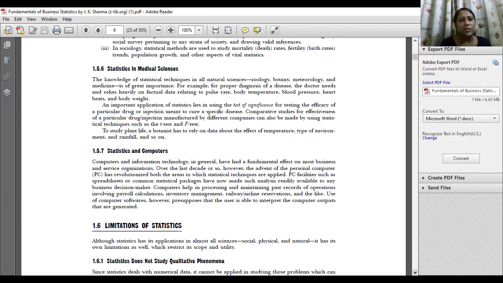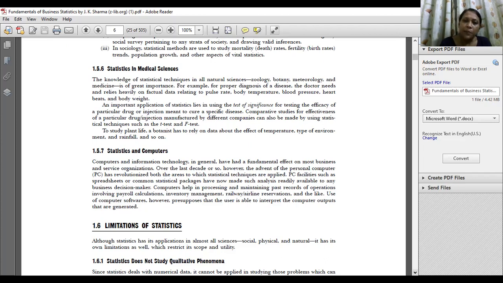The knowledge of statistical techniques in all natural sciences, zoology, botany, meteorology, medicine, is of great importance. We can take an example. For proper diagnosis of a disease, the doctor needs and relies heavily on factual data relating to pulse rate, body temperature, blood pressure, heartbeats, and body weight.